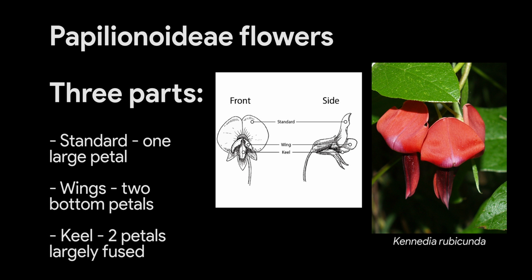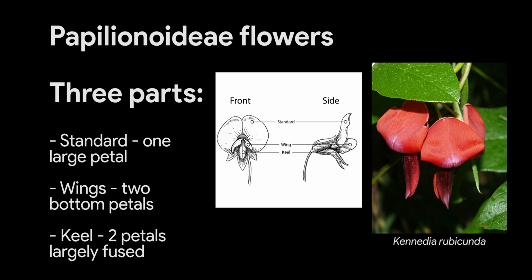Papilionoideae flowers are the typical classical pea-like flower. A typical pea flower has 5 petals occurring in 3 parts. The upper petal is enlarged and called the standard or banner and has typically 2 lobes, making it appear like 2 petals which have been fused or joined together.